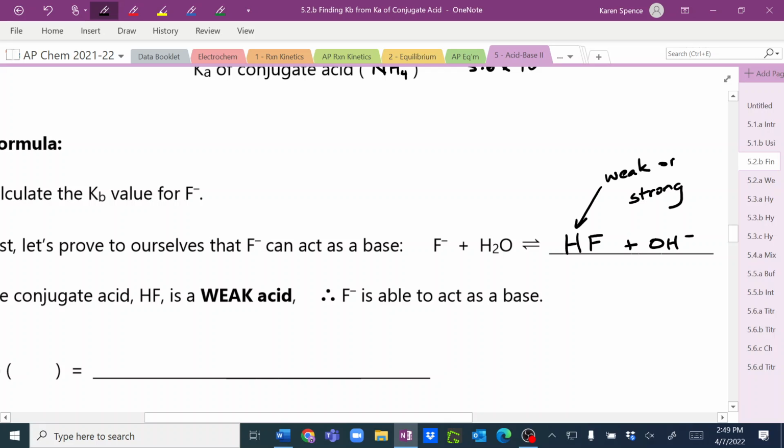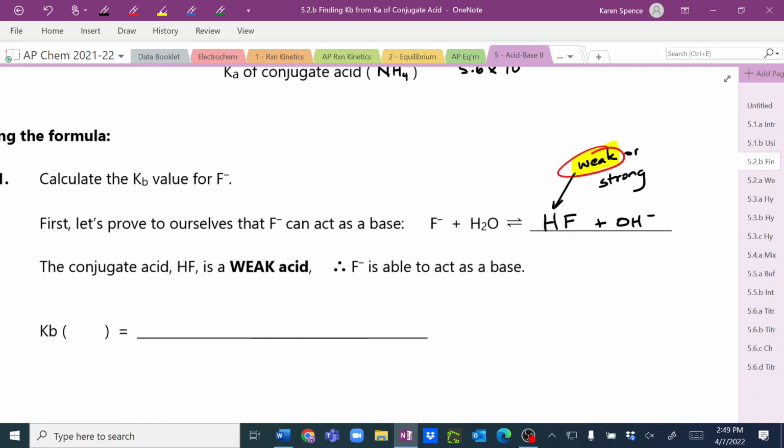It is weak, and therefore, yes, F minus can act as a base. If it were strong, we would have to say, oh, no, that reaction simply will not happen. So since the conjugate acid is weak, F minus is able to act as a base.